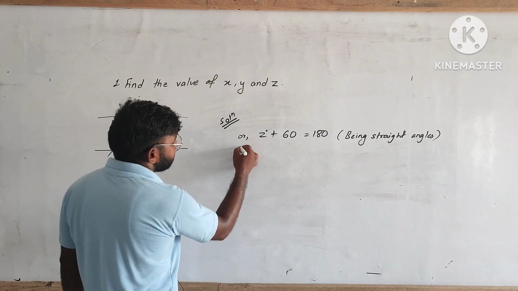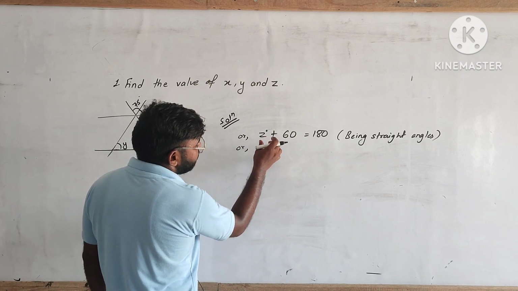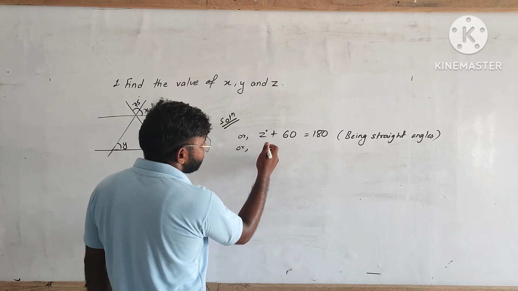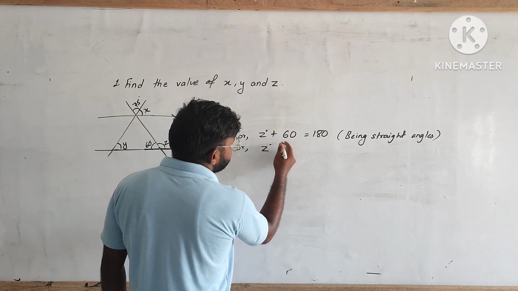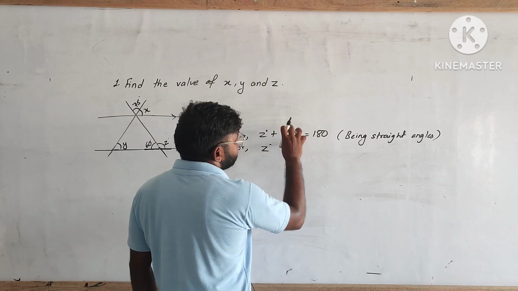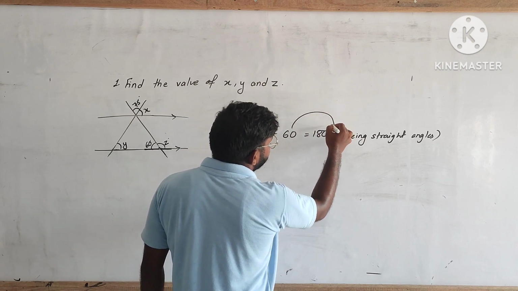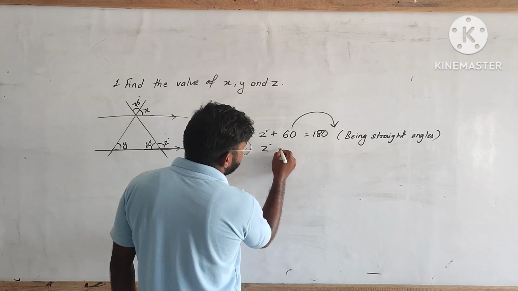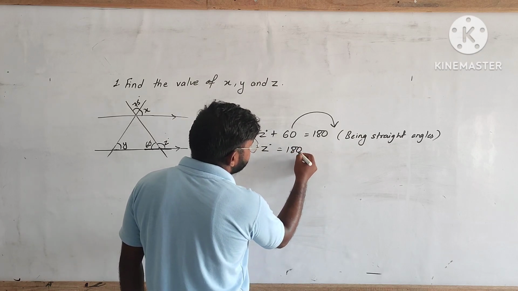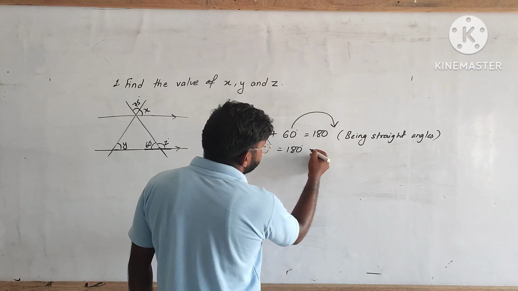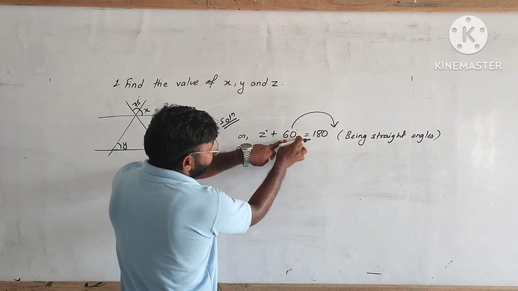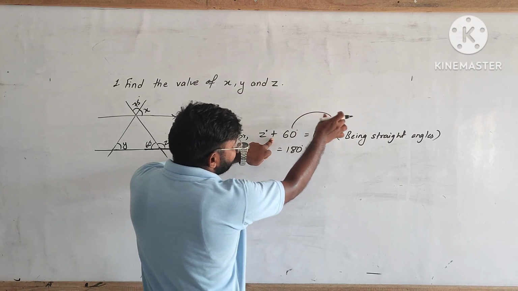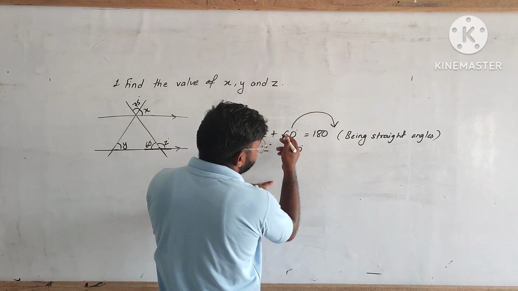Now let this variable stay on the same side, and bring the number to the other side, the right side. So there is 180 degree on the right, and the 60 degree comes to this side. Here the sign of 60 is plus, so when it changes its side, it will be minus.